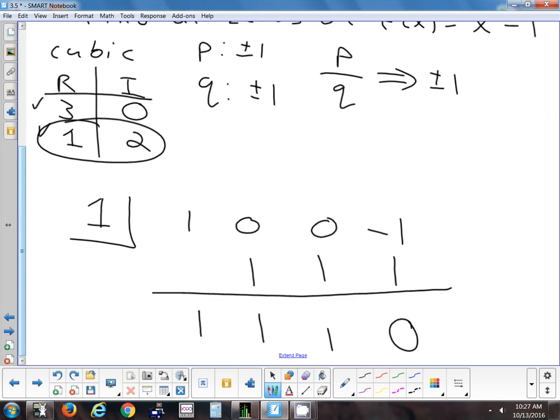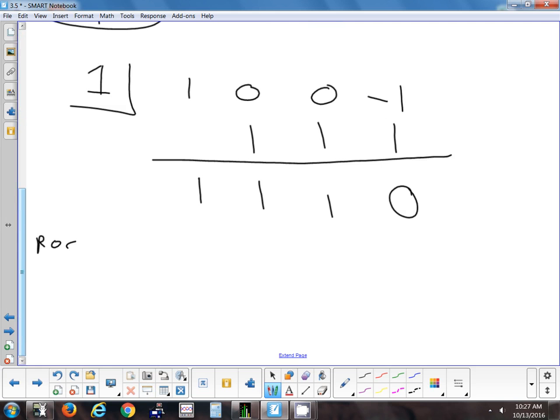So in terms of our roots, we know 1 is a root. I just got a remainder of 0. Now what's the quotient? Because now I need to find the roots of that. Quotient is x squared plus x plus 1. Now you need to solve that.